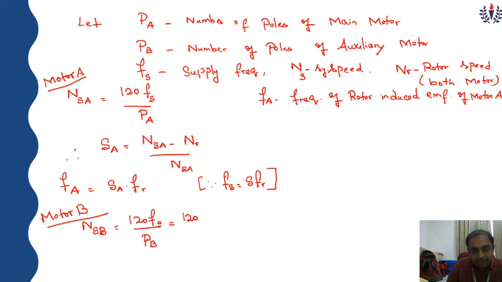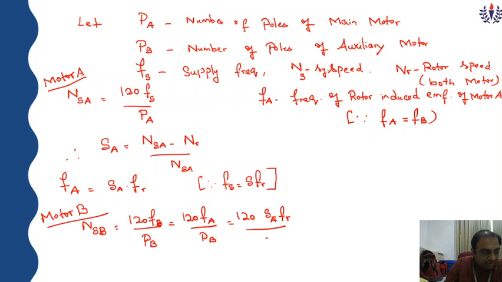The frequency applicable to motor A is the same applicable to motor B. So instead of Fb we write Fa, which is SA into Fs, so 120 SA Fs by Pb equals 120 Fs by Pb into NSA minus N by NSA.